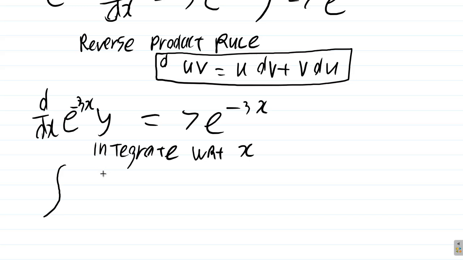If you see any other letter in the function, it's a constant. However, here y is not a constant. We already established that y is a function. So here, what we have is the integral of e to the negative 3x, which is a function of x, times y, which is another function of x, but we're differentiating with respect to x, a variable.